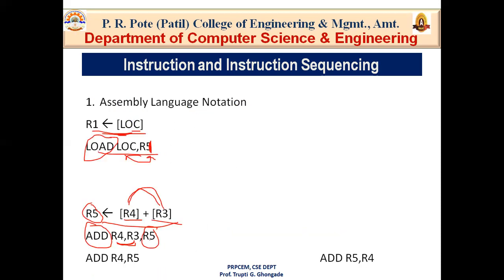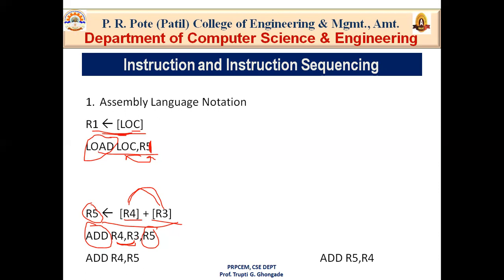We will discuss this in later videos also. You have to remember that in some textbooks it is given in another format, like add R5, R4, which means the destination is on the leftmost side and the source on the rightmost side. So it depends on which book you are following.